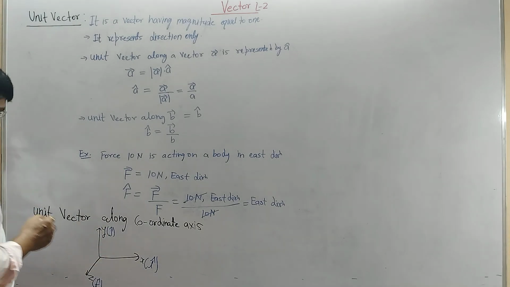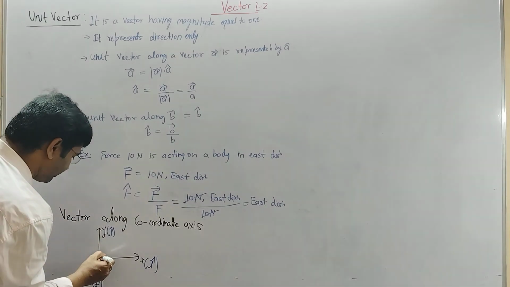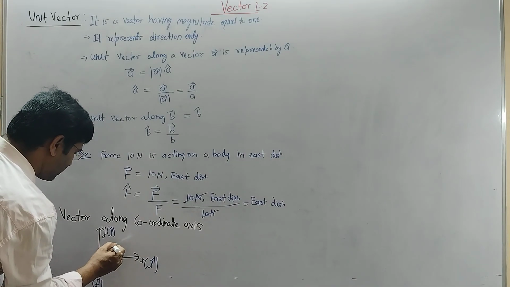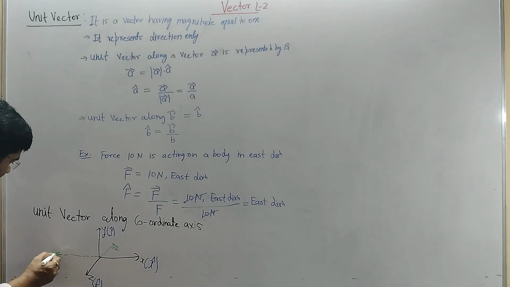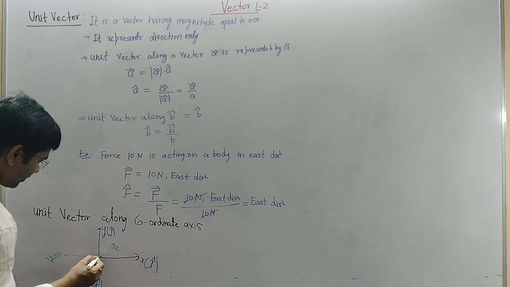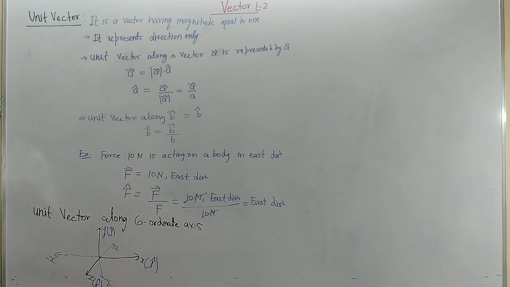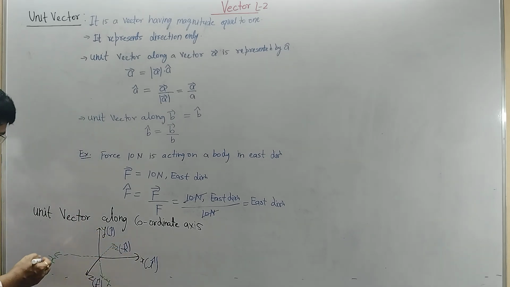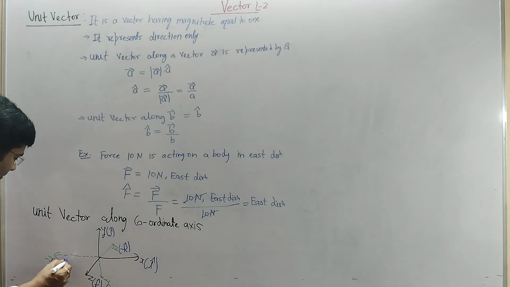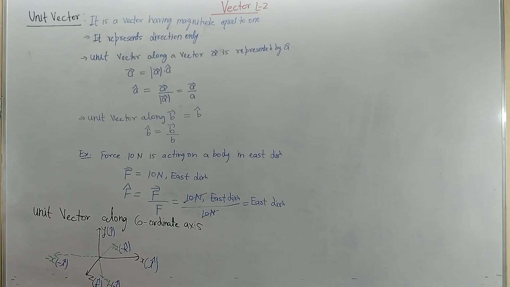If I extend it in the opposite direction, this will of course be minus z, this will be minus x, and this will be minus y. So I can write the unit vector along minus x is minus I cap, minus y is minus j cap, and minus z is minus k cap. This is how unit vector is defined along coordinate axis.